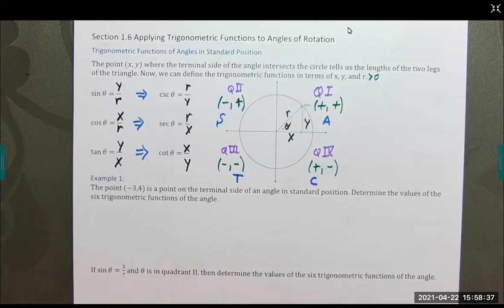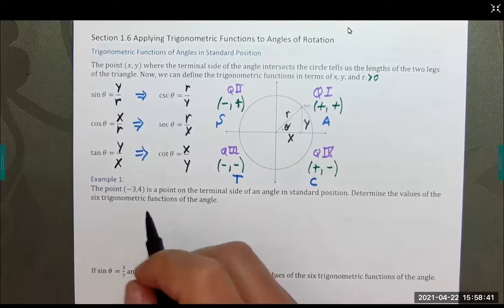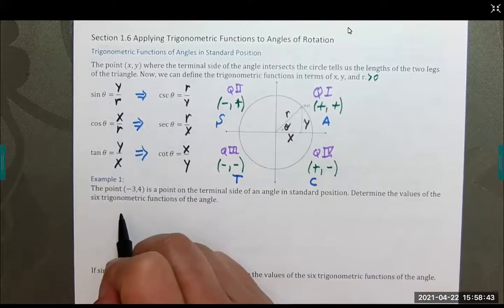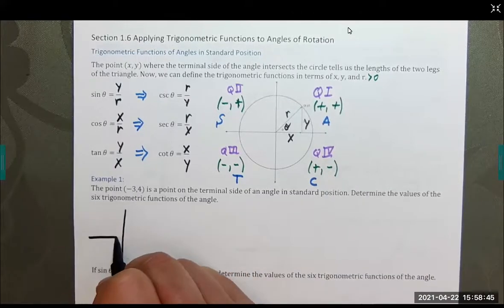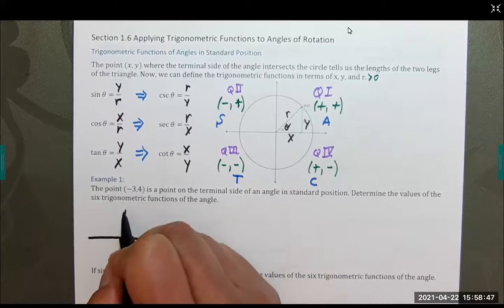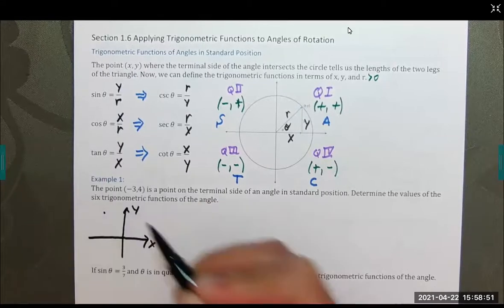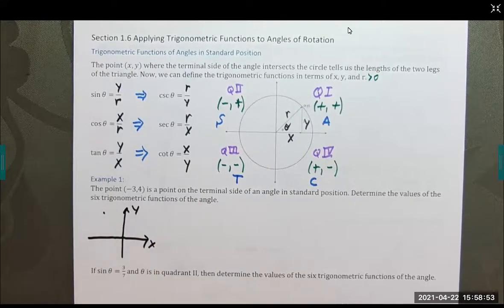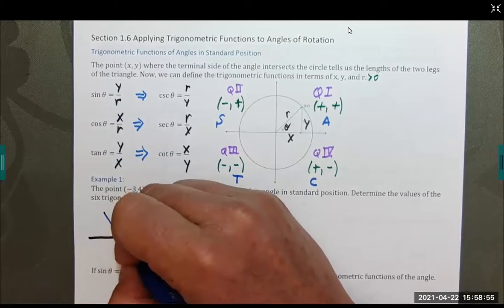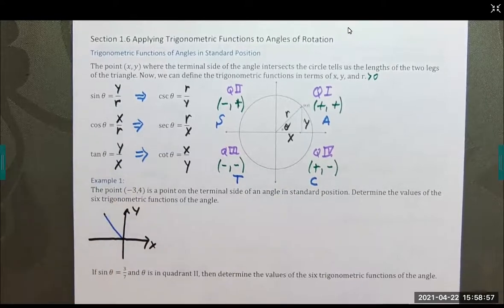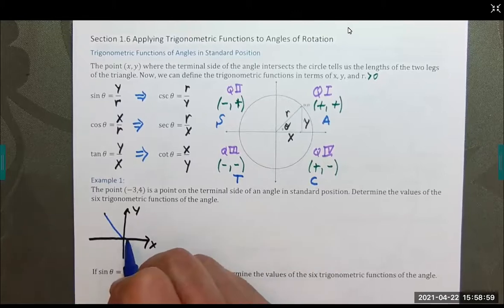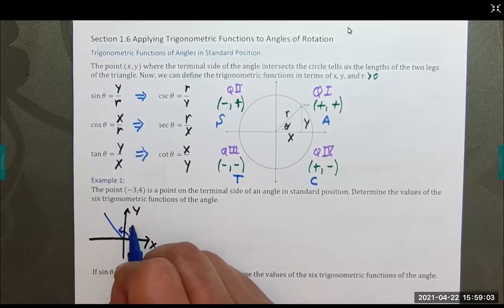So let's explore this a little more. We have a point, -3, 4, that's going to be in quadrant 2. That's right there. And theta in this case, we don't know what that is, and at this particular moment we don't care.